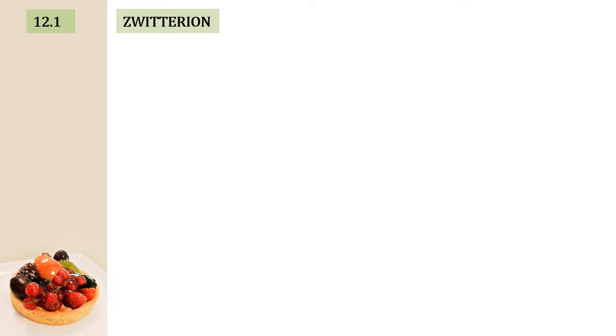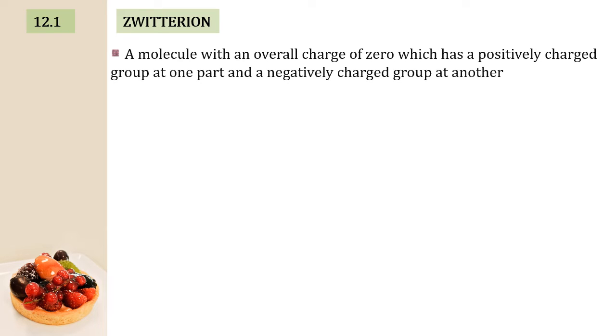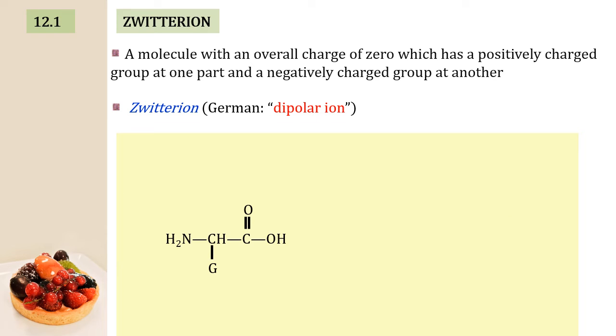What is meant by a Zwitterion? A Zwitterion is a molecule with an overall charge of 0, which has a positively charged group at one part and a negatively charged group at another. Zwitterion is taken from the German word meaning dipolar ions. Look at the example given.